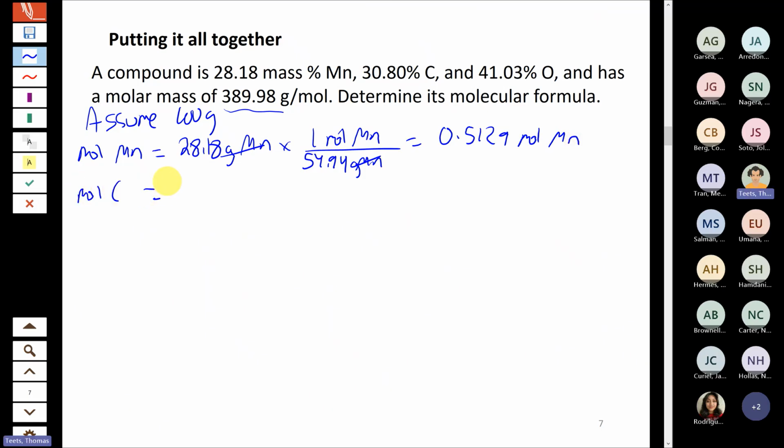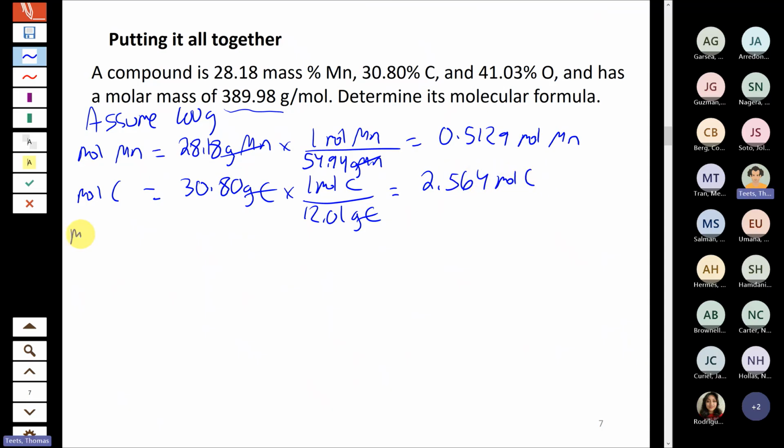For carbon, we have 30.80 grams. 30.80% is the mass percent, and we're assuming 100 grams, so we have 30.80 grams of carbon. Its atomic mass, which we've seen many times already, is 12.01. That's 2.564 moles.